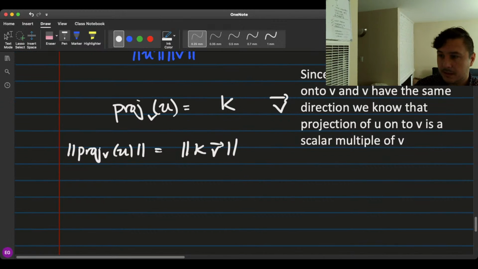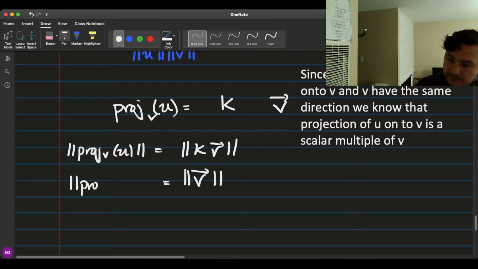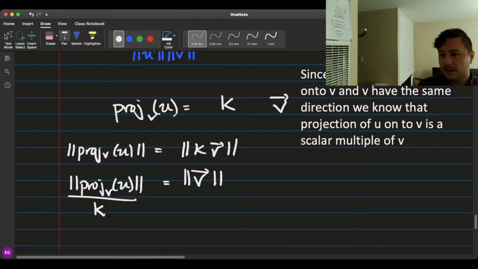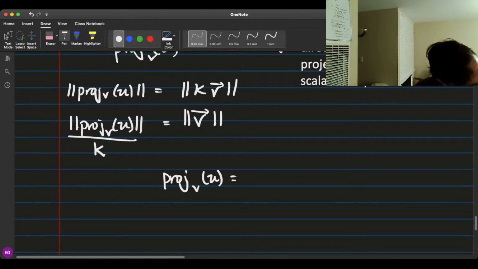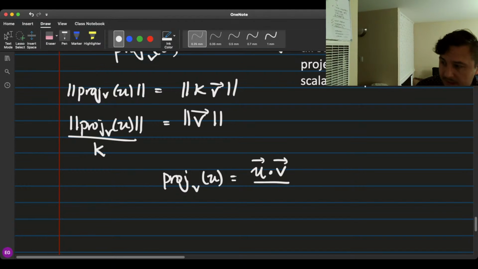So that means that the magnitude of v is equal to the magnitude of the projection of u onto v divided by k, which means that the projection of u onto v will be equal to u dotted with v divided by the magnitude of v squared times v. Boom.